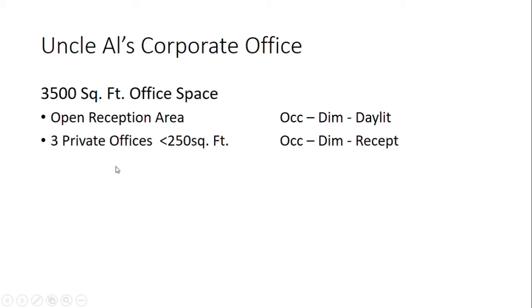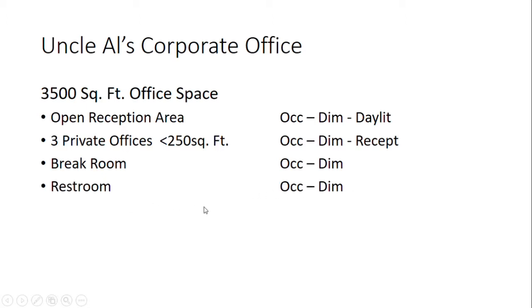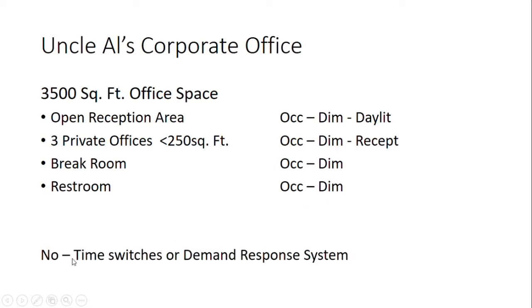We've got 3 private offices under 250 square feet with occupancy, dimming, and also controlled receptacles. We've got a break room with OC and dim, and also a restroom with occupancy sensors and dimmers. And we do not have any time switches, nor is there a demand response system.